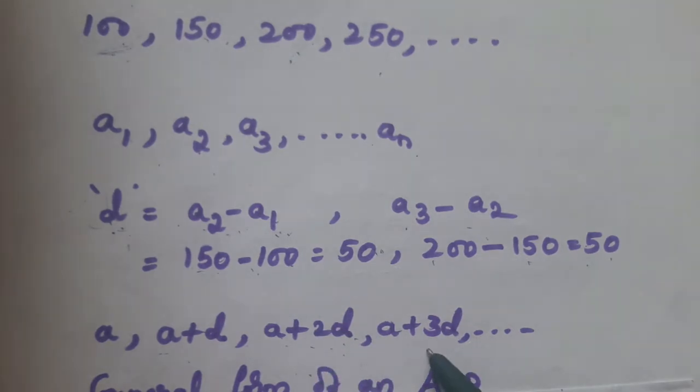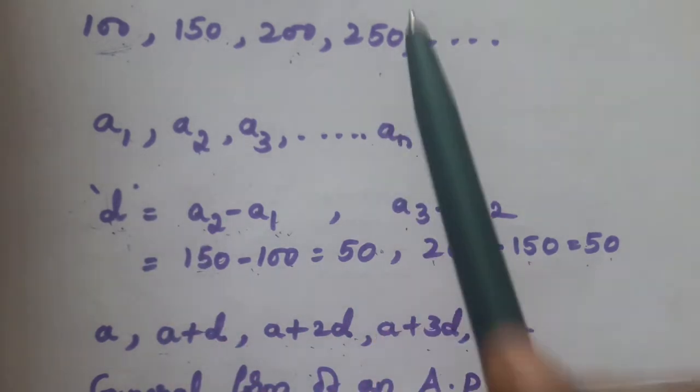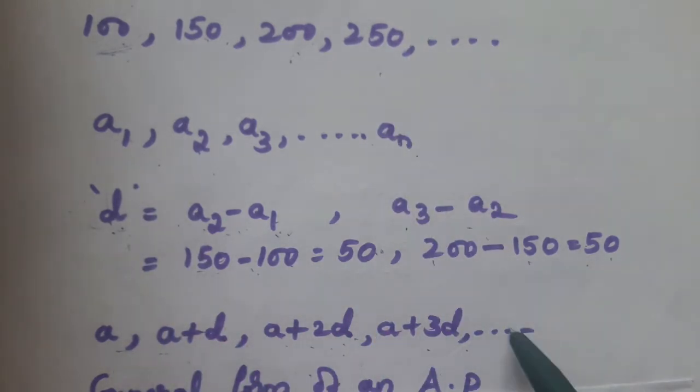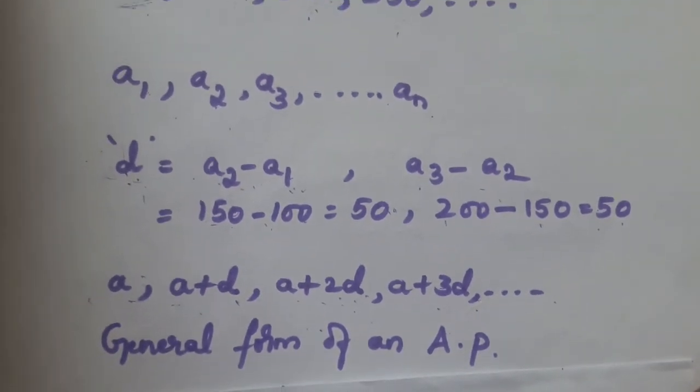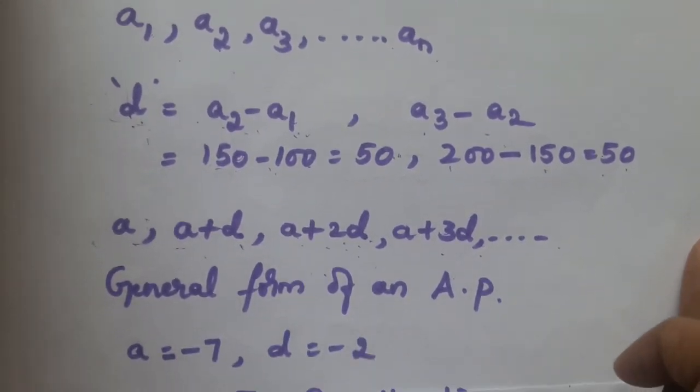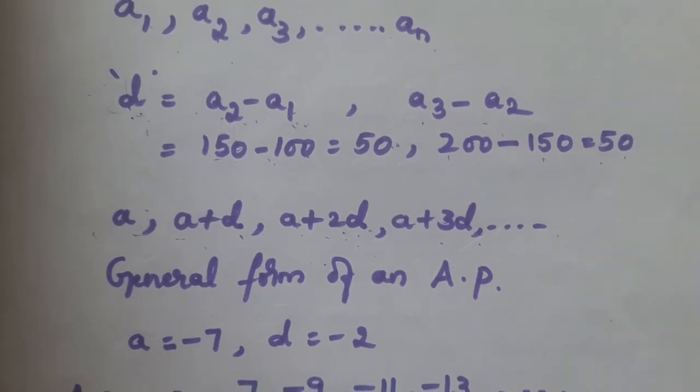Similarly, the next term is a plus 3d, that is 100 plus 3 into 50. So a, a plus d, a plus 2d, a plus 3d, etc. are called the general form of an AP.